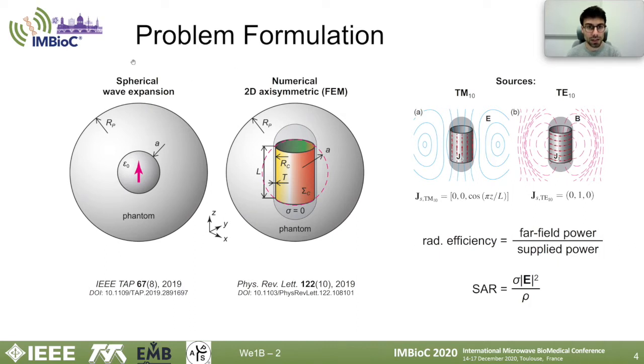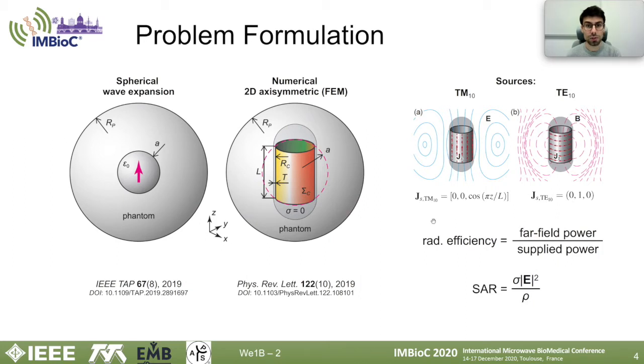The first is based on the spherical wave expansion method using elementary electric and magnetic dipole sources. The second uses a two-dimensional axisymmetric approximation solved by finite element method, but it assumes more realistically shaped sources. They are shown here and defined via surface current densities in cylindrical coordinates.